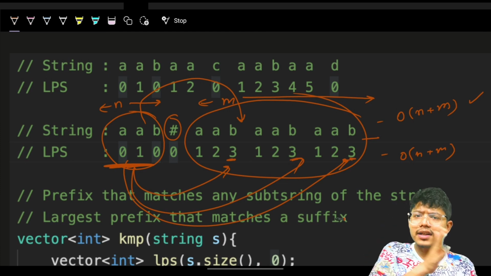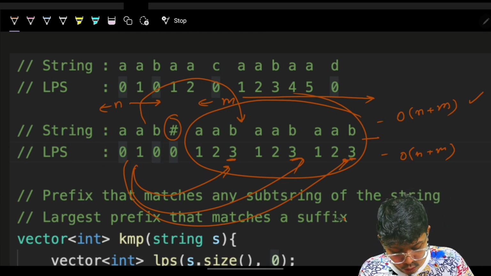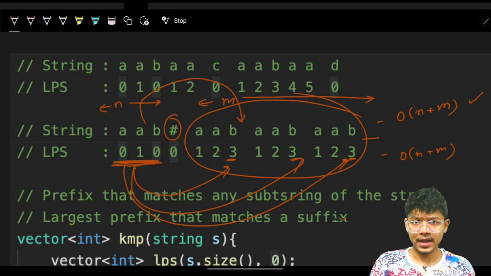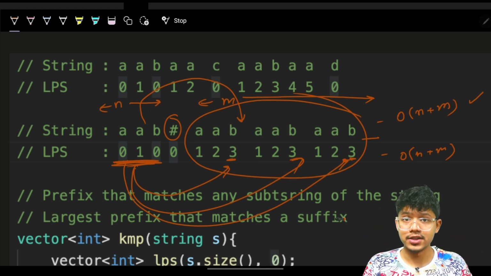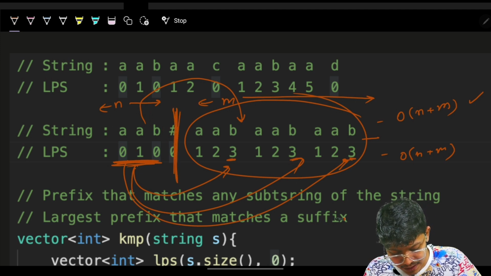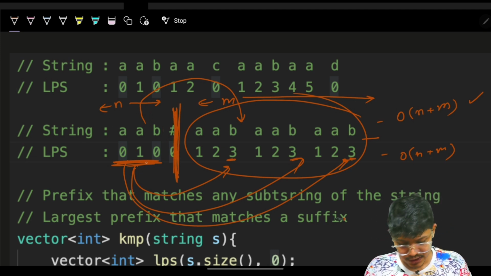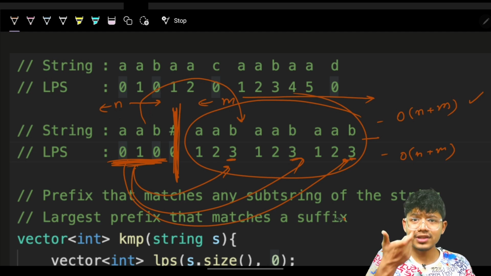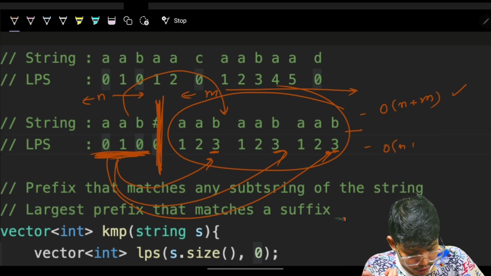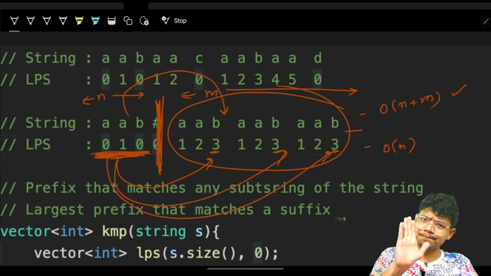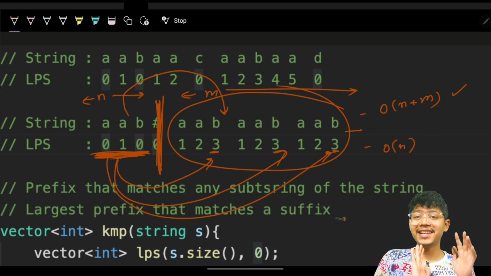You have seen that you are only concerned about this pattern, right? Because the maximum match can only be in this range, because as soon as hash will come, it will restrict any matches any further. So the maximum match can be here itself. So this LPS array, you can only store for this n. So it can reduce to O of n itself. That is how the space can be reduced, right?